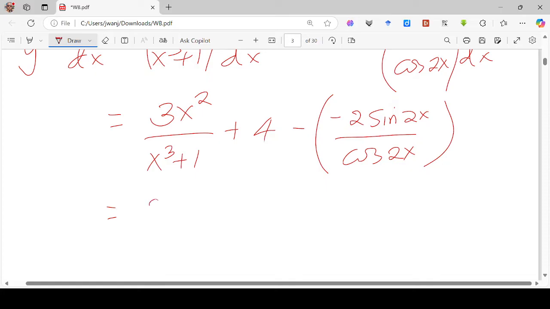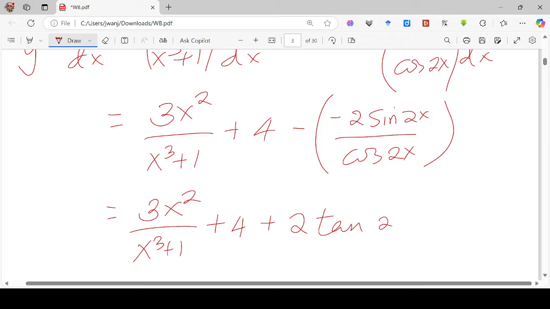So we get 3x squared divided by x cubed plus 1 plus 4 plus 2 sine of 2x divided by cosine of 2x, which is the same as tan of 2x. This is the same as 1 over y.